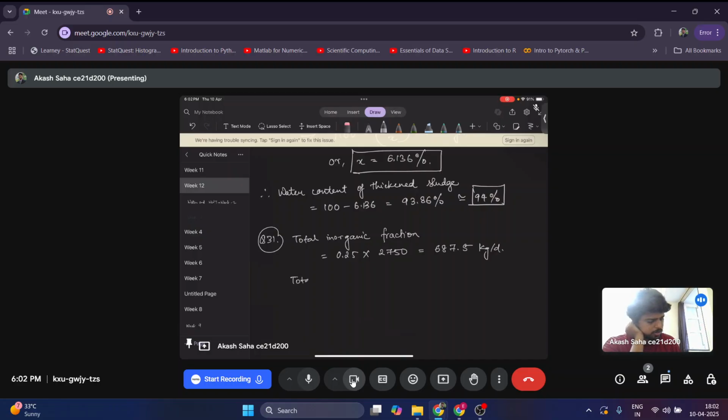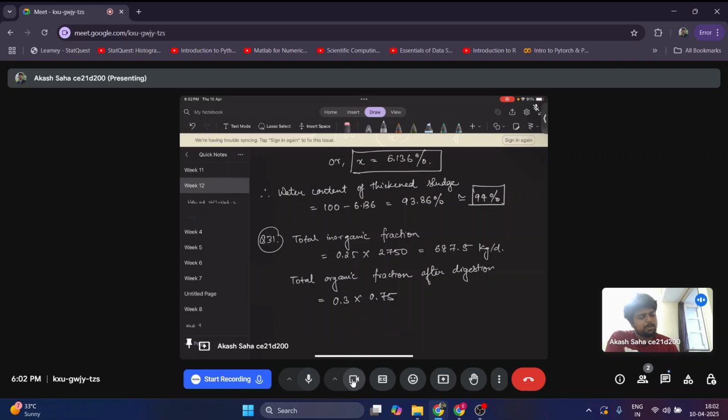Then total organic fraction after digestion. We will directly calculate after digestion how much will be there. So it will be 0.3 into 0.75. After digestion 30% remains, and of the total 75% is the organic.